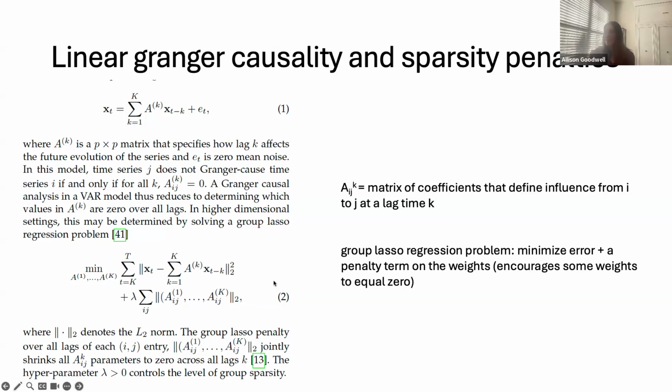So you not only are doing this regression problem, but you're wanting to be able to isolate the truly causal variables from the coefficients that are basically 0 by actually making them equal to 0.